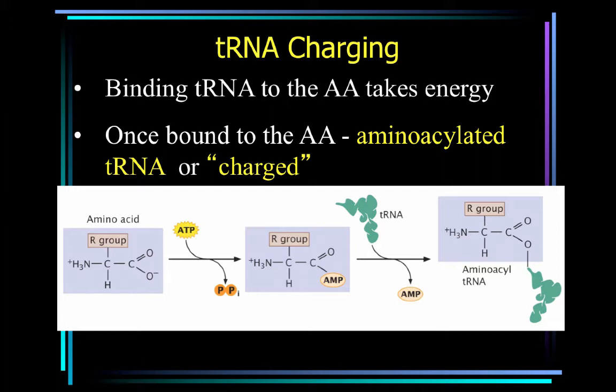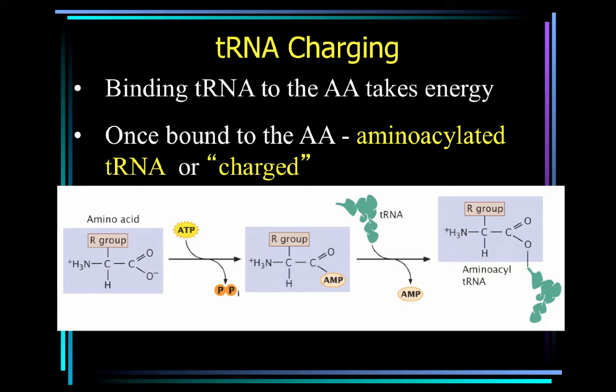In this step, the amino acid is going to first react with the adenine triphosphate, and that is going to produce an aminoacyl adenine monophosphate plus two additional phosphate groups that were cleaved off.